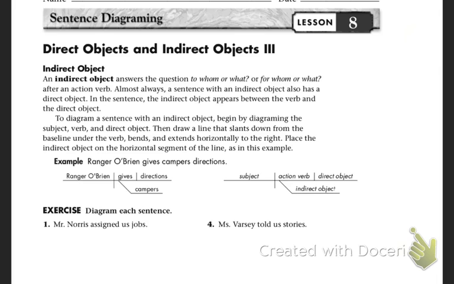And let's see. The indirect object appears between the verb and the direct object. To diagram the sentence with the indirect object, begin by diagramming the subject and the verb and the direct object. Then draw a line that slants down from the baseline under the verb and bends and extends horizontally to the right. You place the indirect object on the horizontal segment of the line, as in this example.